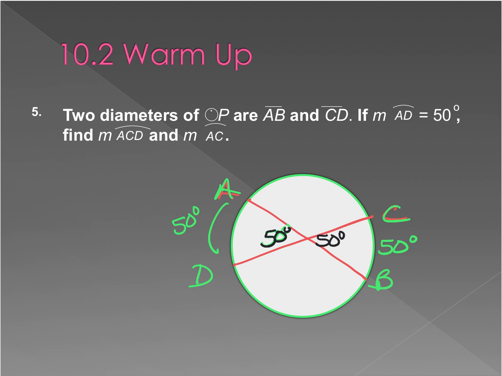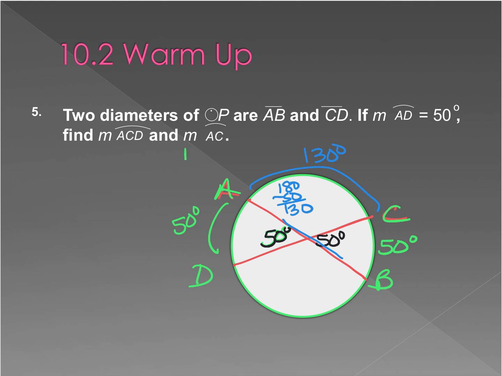So now to find the measurement of arc AC, what I could do here again, this is a straight line, so a straight angle. So 180 minus 50 is 130, and that's going to give me the measurement of AC.